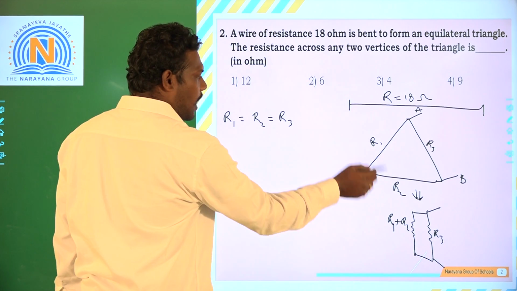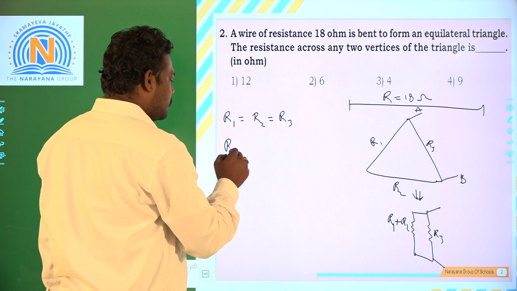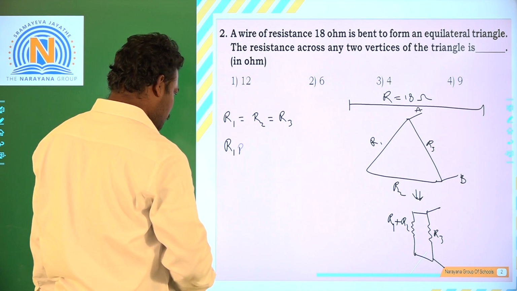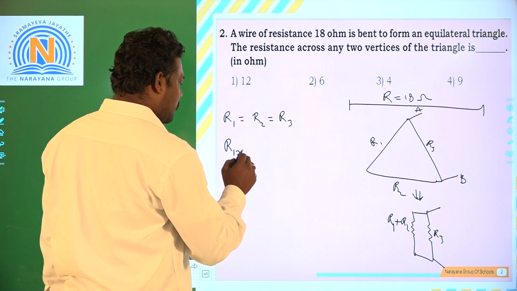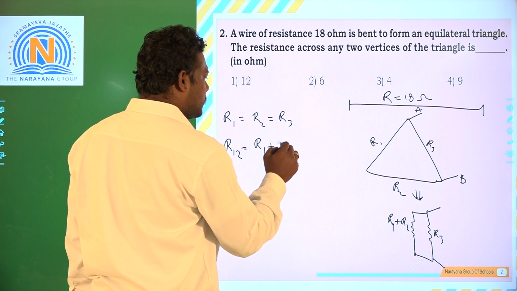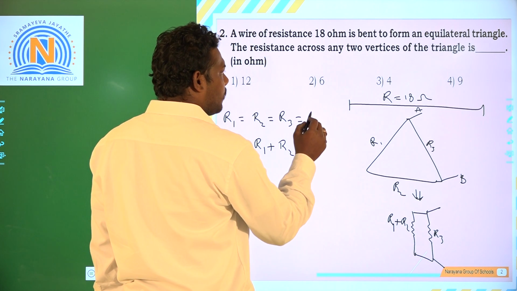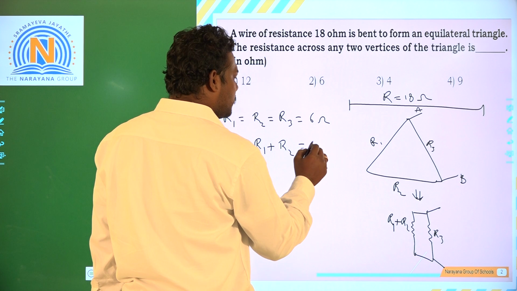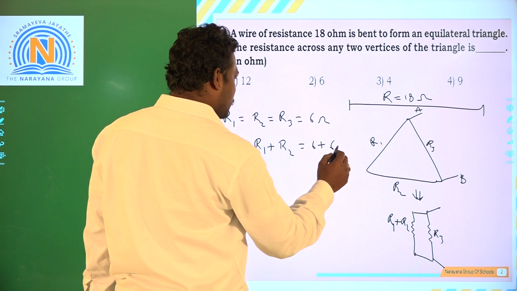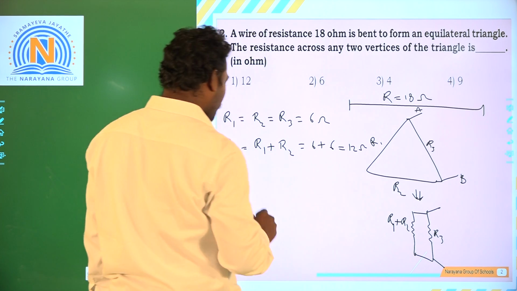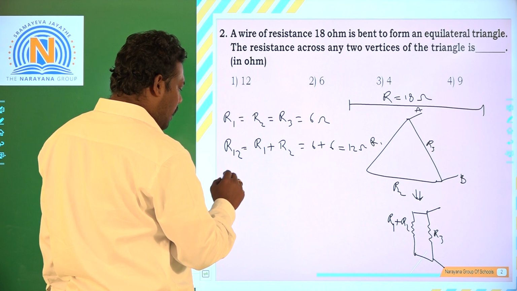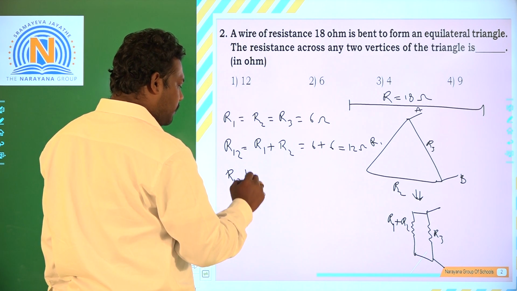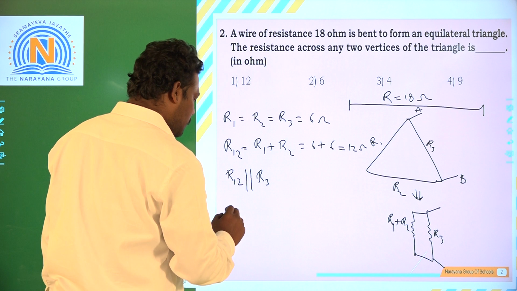As R1 and R2 are in series, R12 is equal to R1 plus R2, that is 6 plus 6 equals 12 ohms. And R12 is parallel to R3.